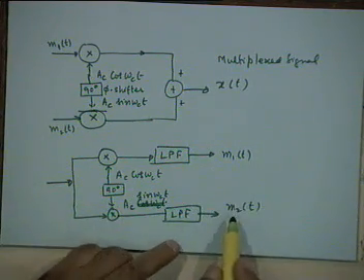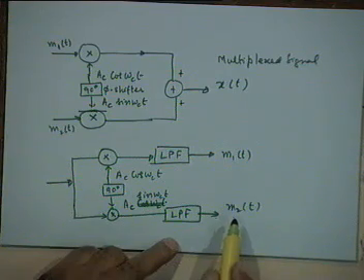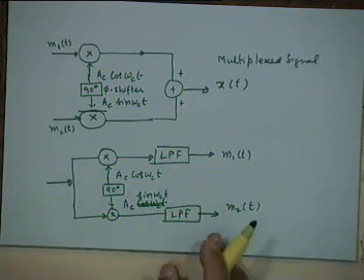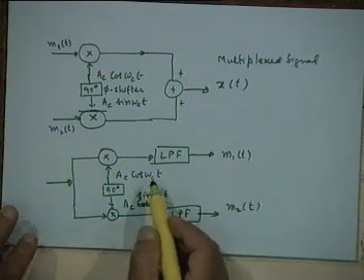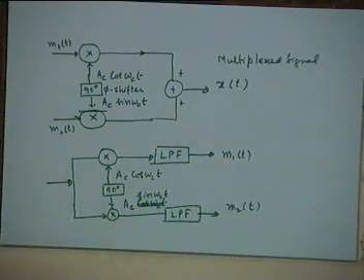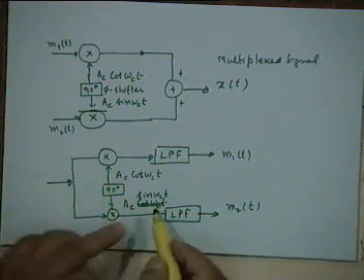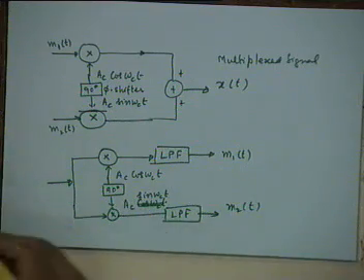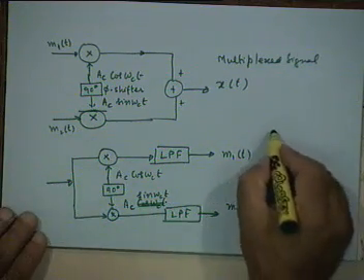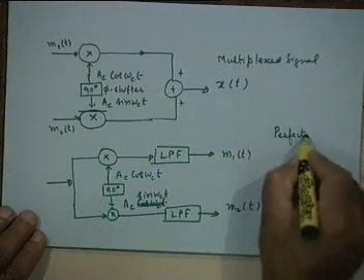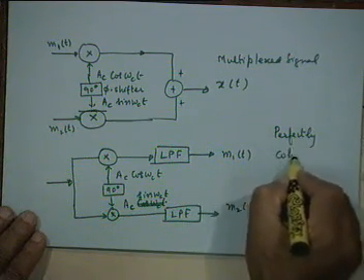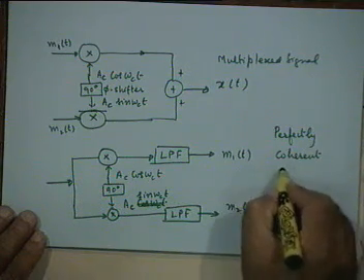Similarly, m1(t) will not have any component in this path, provided of course we have perfect phase coherence, that is, cosine omega_c t is in phase with the cosine omega_c t component of the incoming signal, and sin omega_c t is in phase with the sin omega_c t component of the incoming signal. So you require perfect phase synchronization, or a perfectly coherent carrier, as before.